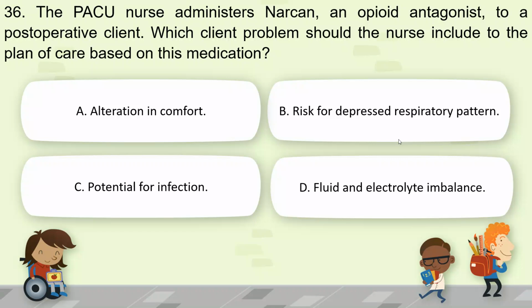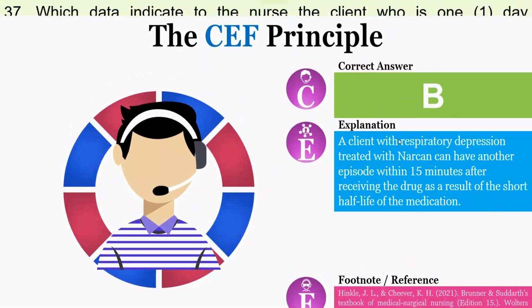So the answer for 36 is letter B. That's not for comfort, not for infection, and not for fluid and electrolytes. The focus here is on the respiratory pattern, so that can be treated and checked to see if there is improvement after the Narcan is administered. 36 is letter B.